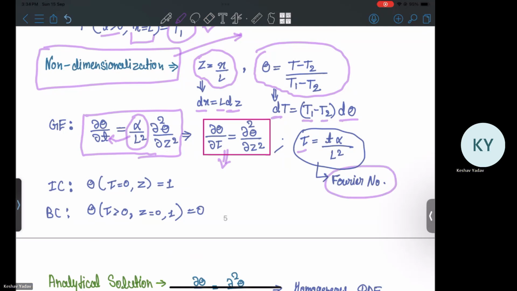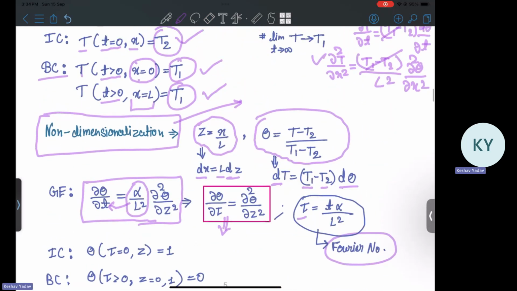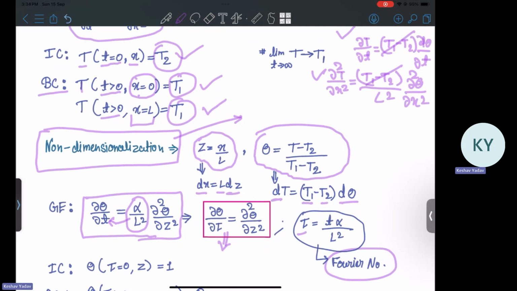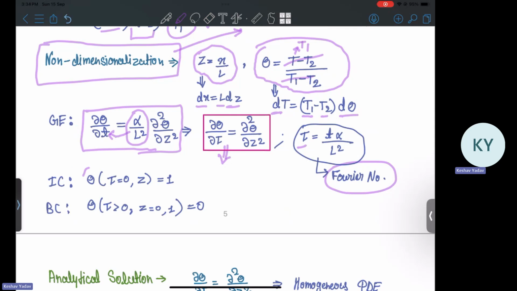Okay. Now what will be the boundary condition and initial condition? So if we put here T equal to T2, these and this will be cancelled. So it will be equal to 1. So the initial condition will be what? At tau equal to 0, at every z, theta will be equal to 1. Okay. And if we put here T1, then T1 minus T1 will be equal to 0.